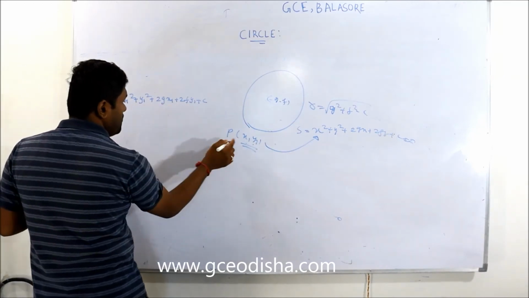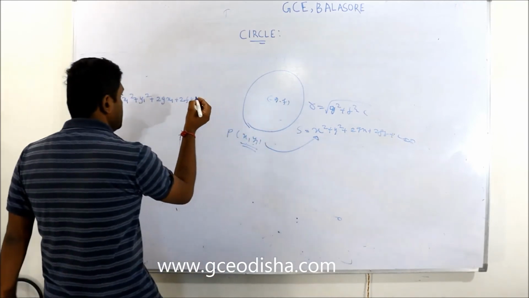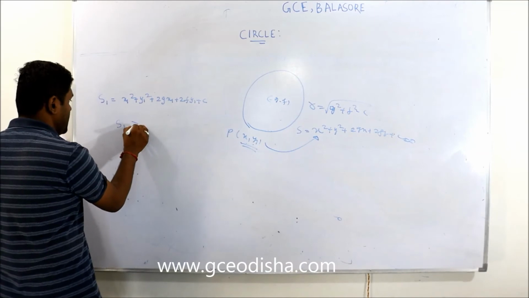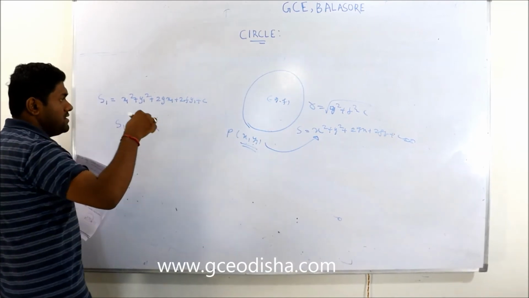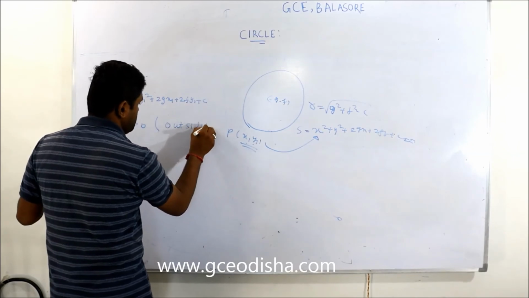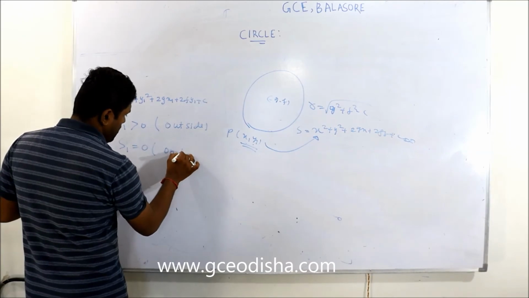When you put the x1, y1 values in this equation, if S1 is greater than 0, then the point lies outside the circle. When S1 is equal to 0, the point is on the circle.